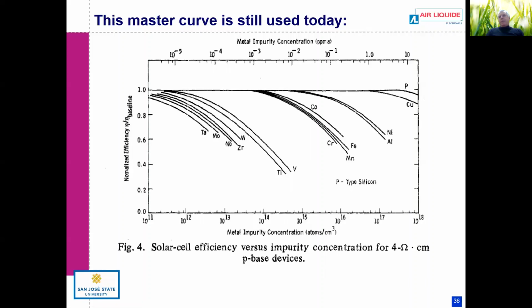Remember, that's about 1 in 10 to the 7th atoms of tantalum, so about a tenth of a part per million, or 100 parts per billion of this guy. You can get more of some of these others, but still, you have to be able to measure a lot of elements very sensitively in order to analyze pure silicon.